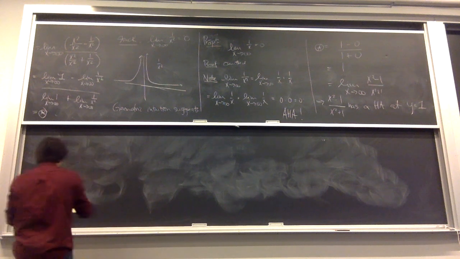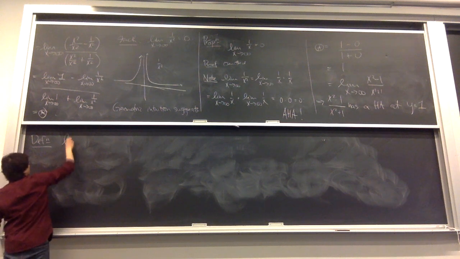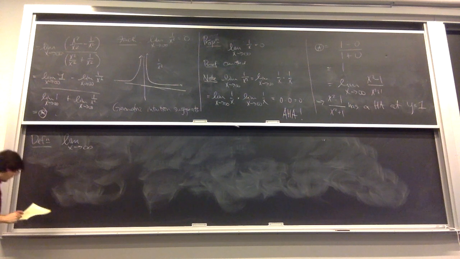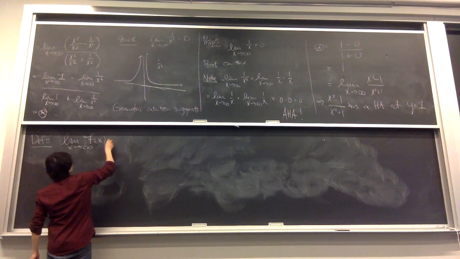Okay. Definition. I'm just going to say this is the definition of the limit as x goes to infinity. So anyone have any ideas? What should it mean for the limit of f of x to be equal to L?